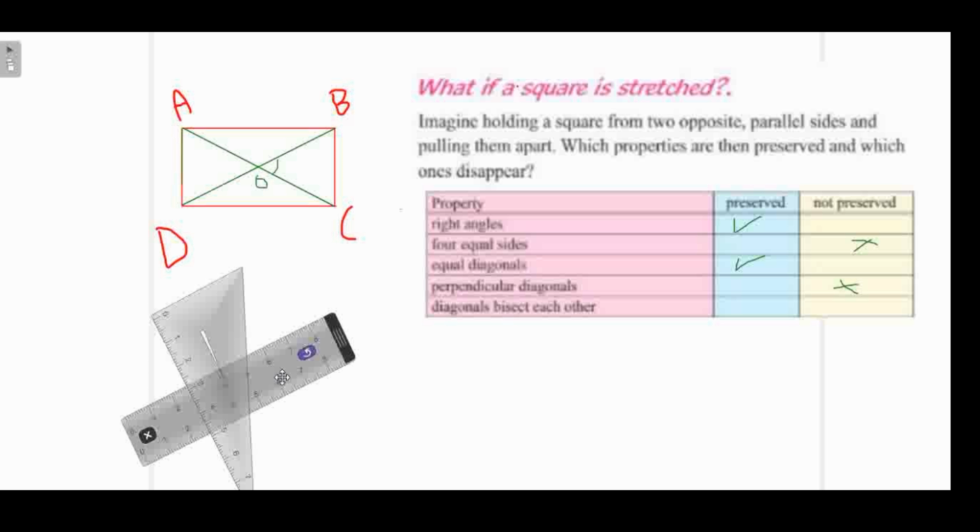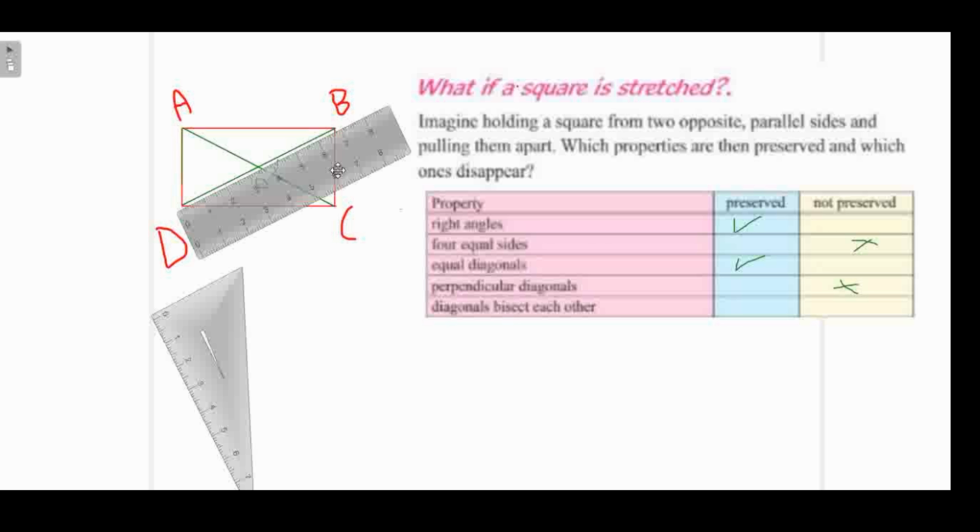We are going to use a ruler and measure DB, which is about 6.6 or 6.7, and half of it will be about 3.35.